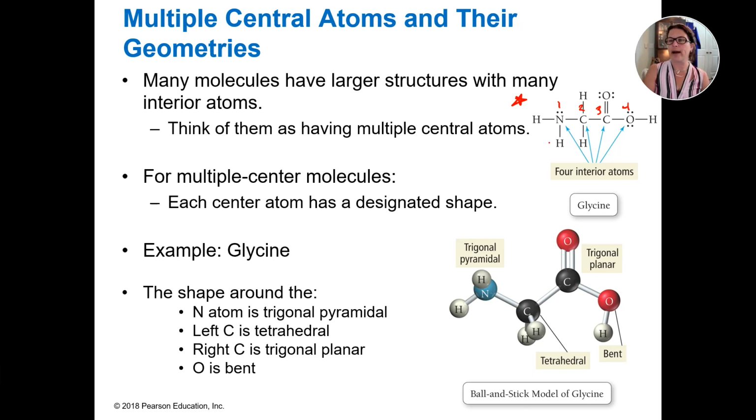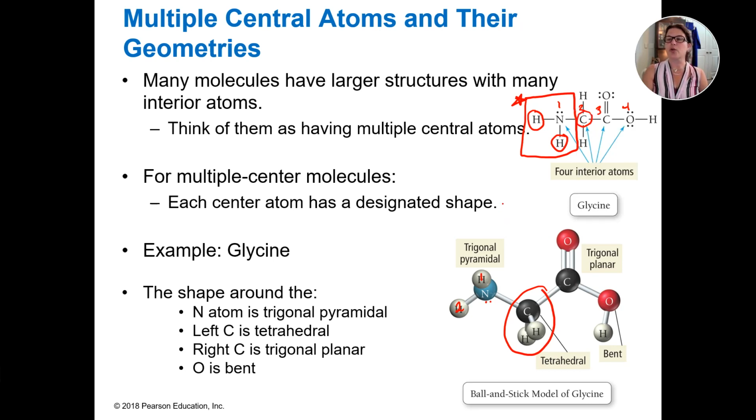So for example, if I just focus on this right here, that nitrogen is right here. Here's its lone pairs. It's bonded to 1 hydrogen, 2 hydrogens, and something else. Don't care what the something else is. It's just bonded to something else.